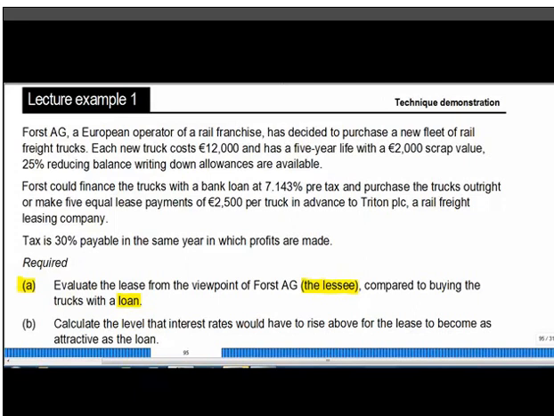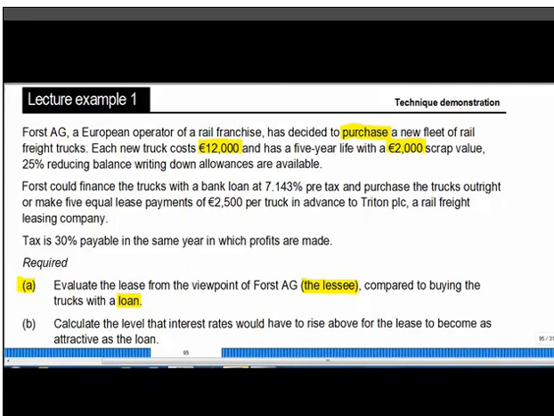So in this lecture example, we have made a decision already to purchase some assets, and here it's some rail trucks. Each new truck, if we bought it, would cost €12,000 and has a 5-year life and a €2,000 scrap value. If we buy it, we'll get writing down allowances. Now we're told that we can finance these trucks with the bank loan, which pre-tax costs 7.143%.